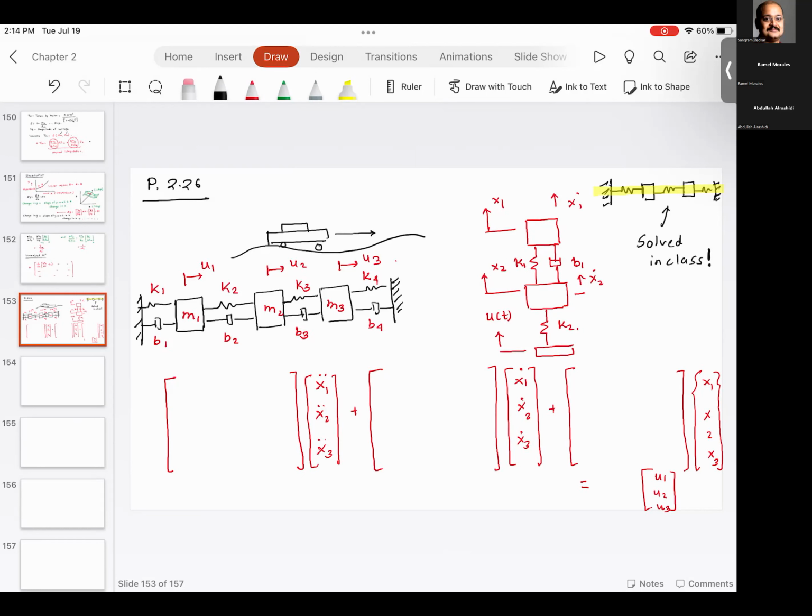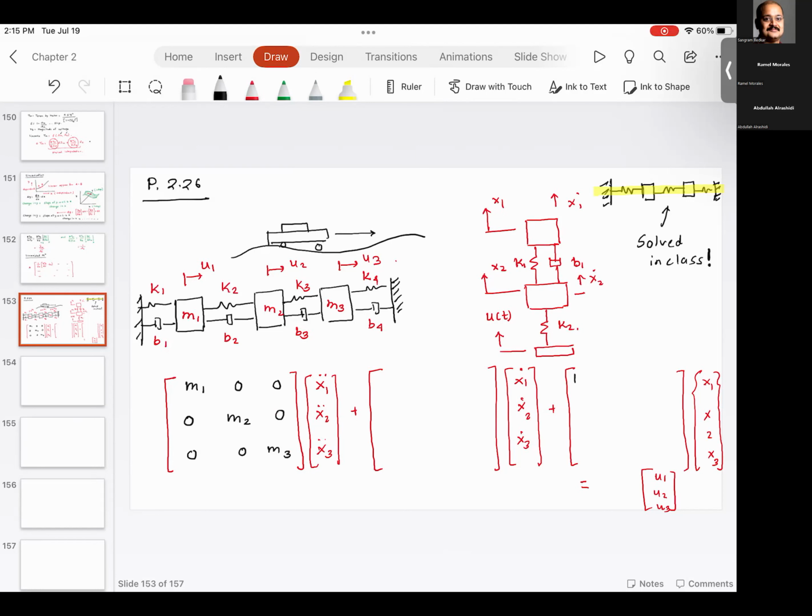So human beings are very good in detecting the pattern. So I'll start and that will jog your memory. So this is M1, 0, 0, 0, M2, 0, 0, 0, M3.